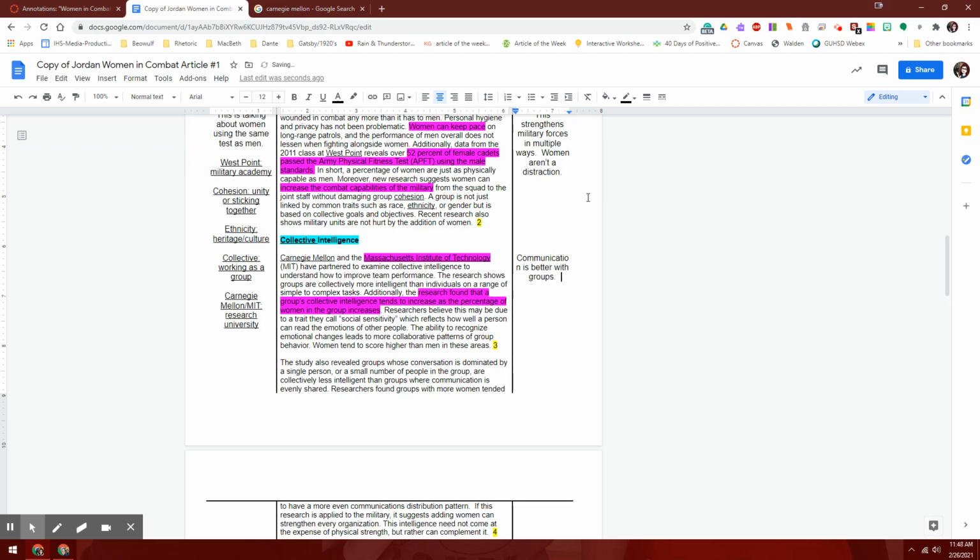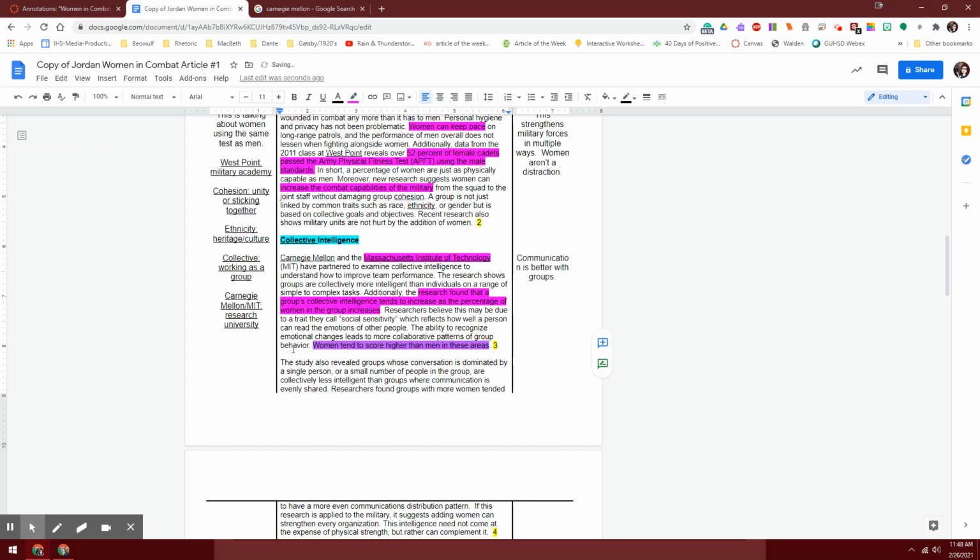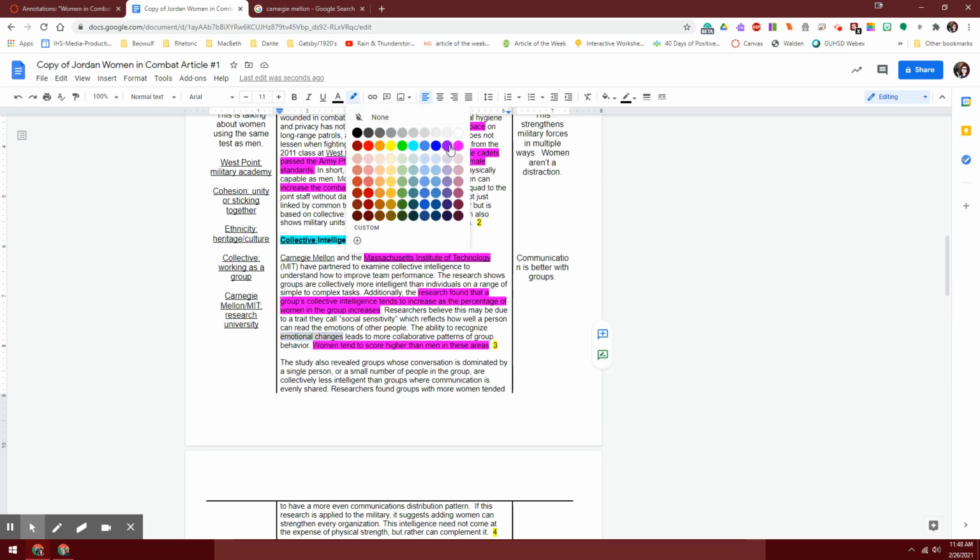And then why do we think this is something that is happening? Women score higher in an area, particularly emotional changes. So women score better on these emotional changes, and this helps the group to work better. Why do we think that is?